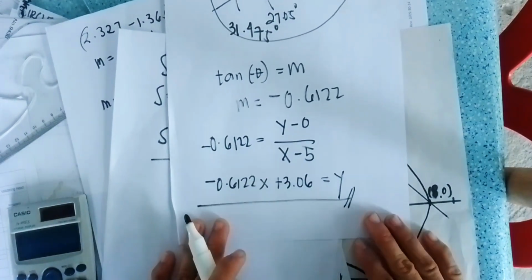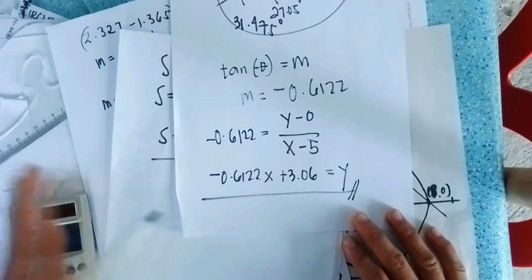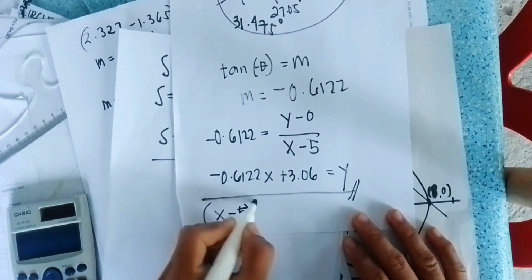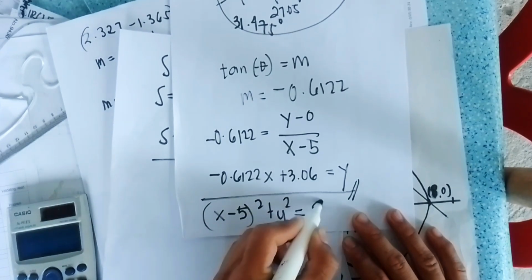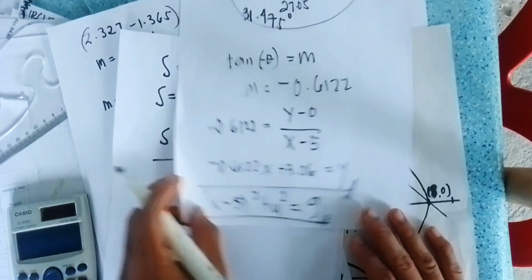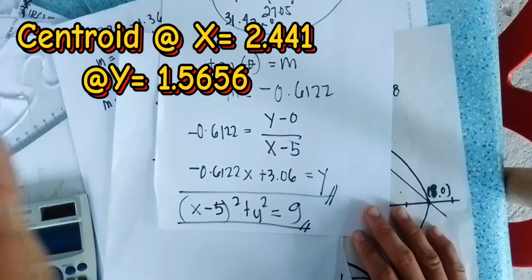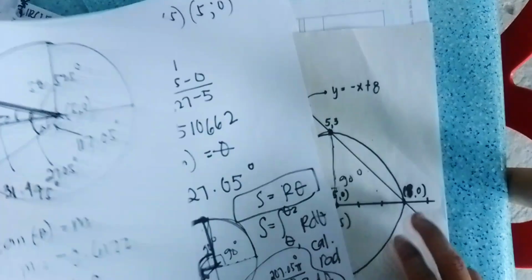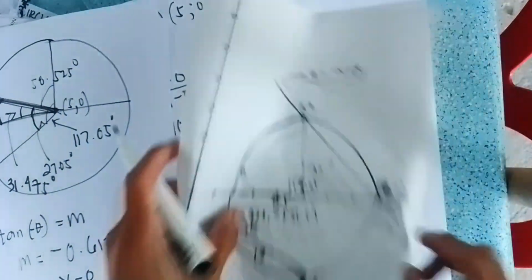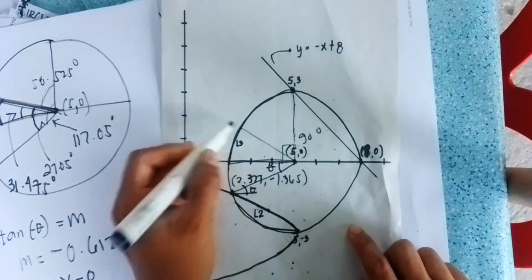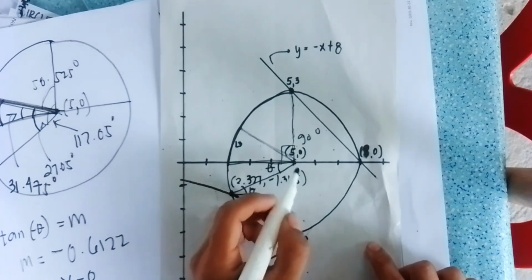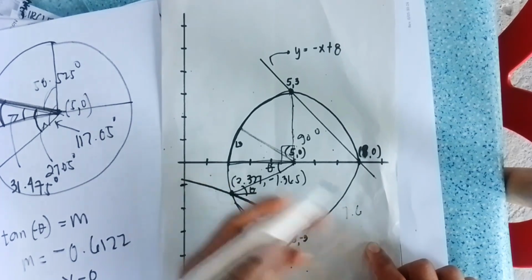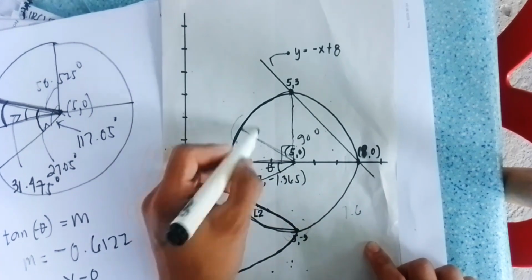To find the point of intersection, simply substitute this into the formula of the circle. Once substituted, it will give you x and y. Take note, if you get a value, go back to the original drawing and check that it looks right. If you get an x of 7 point something, that is not it.